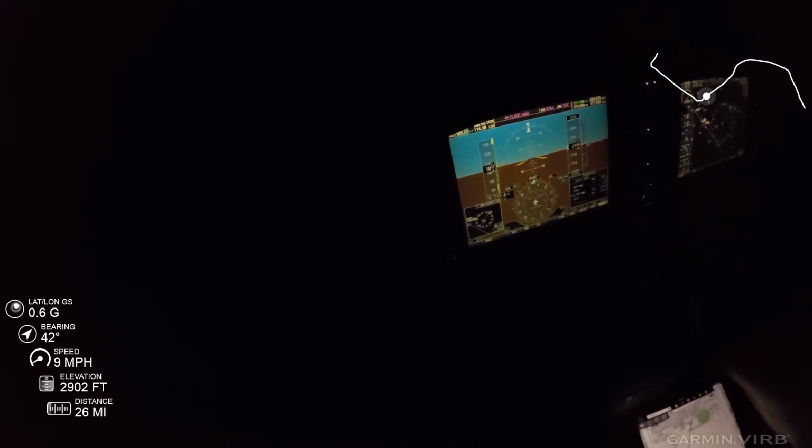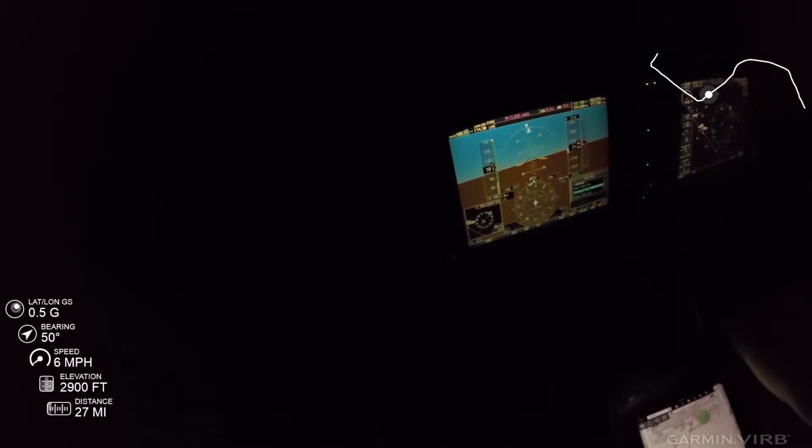Scavengers 220, let me know when you have the weather, what approach you would like. Alright. Check the weather and get back to you. Scavengers 220. Invert this. That looks good. Let's do the RNAV, let's do the ILS into Winchester.